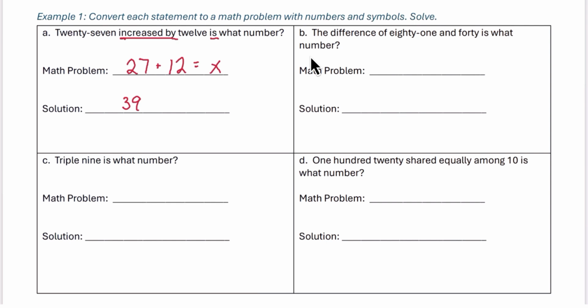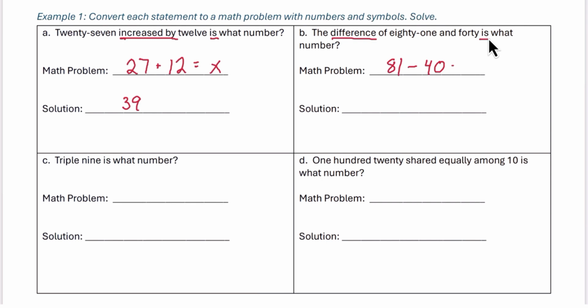In the next example, the difference of 81 and 40 is what number? Notice the keyword difference. Difference means subtract. We have the difference of 81 and 40. So we're subtracting 81 and 40. And then we see the keyword is.